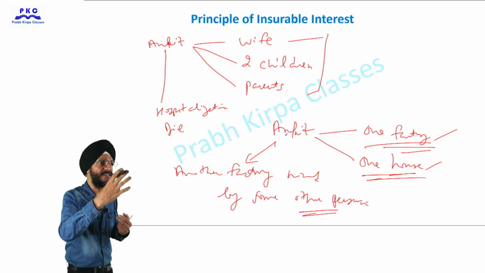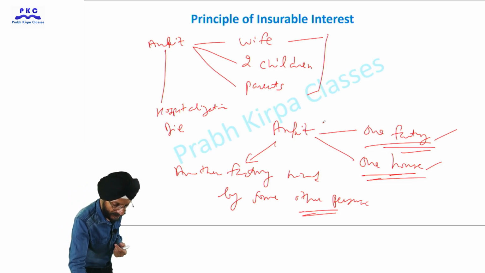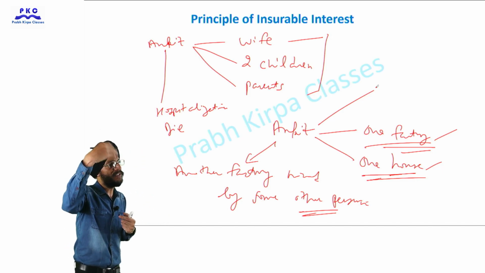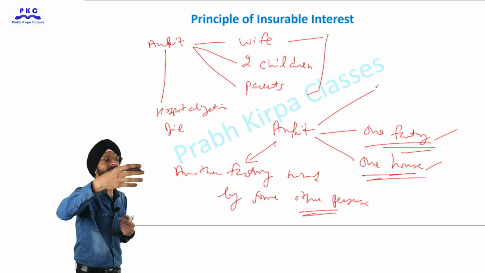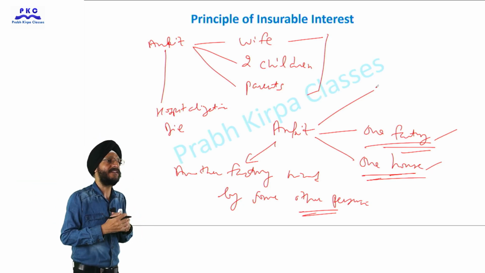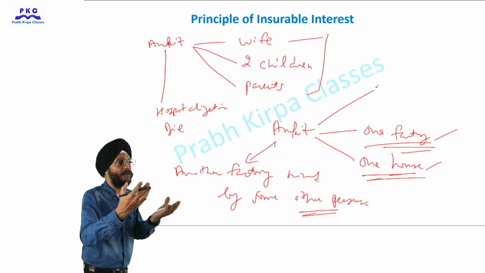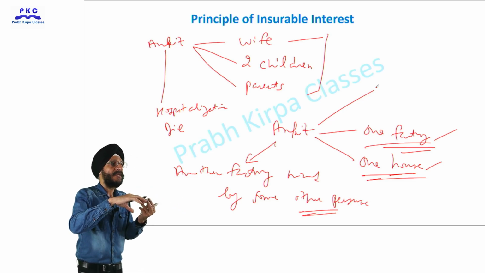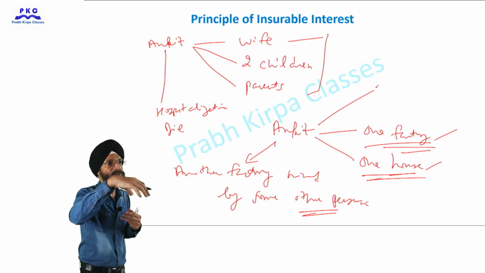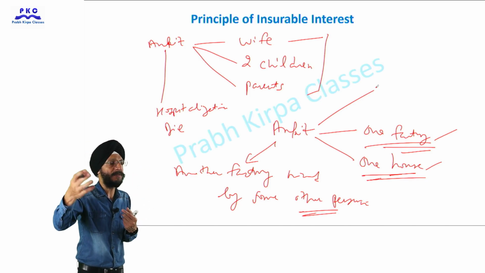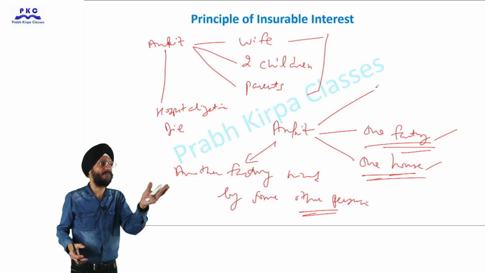In the same way, Ankit is not concerned about the well-being of other persons, distant relatives or any neighbor around him. He will not stand to benefit or lose if any untoward incident happens to another person. Though there may be some emotional attachment with the other person, he is not financially involved.